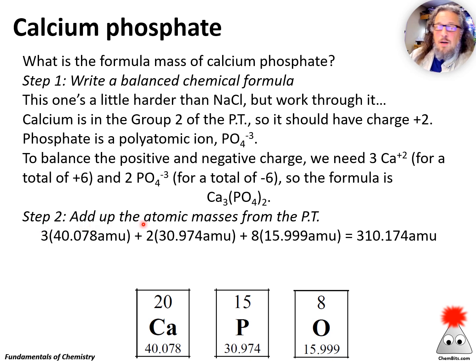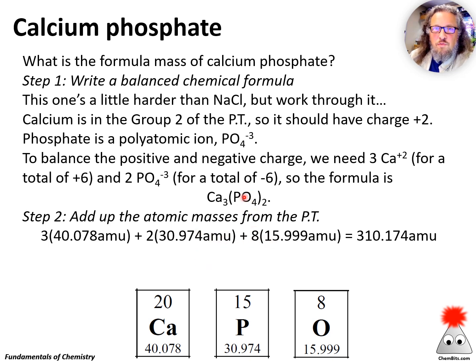Step 2, add up the atomic masses from the periodic table. What do we have? We've got 3 calciums, so 3 times 40.078, that's the number off the periodic table, plus 2 phosphoruses. Remember, this 2 applies to this whole unit, so we've got 2 phosphoruses at 30.974 AMU, and we've got 8 oxygens.